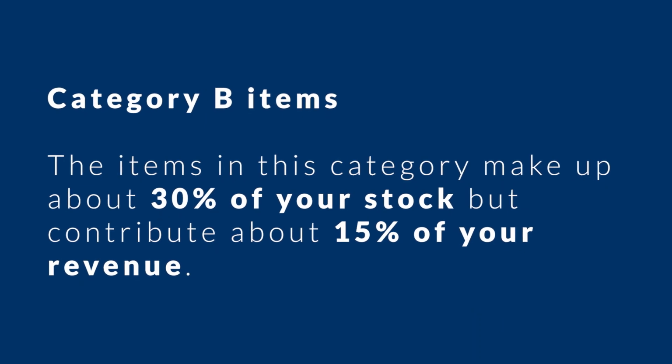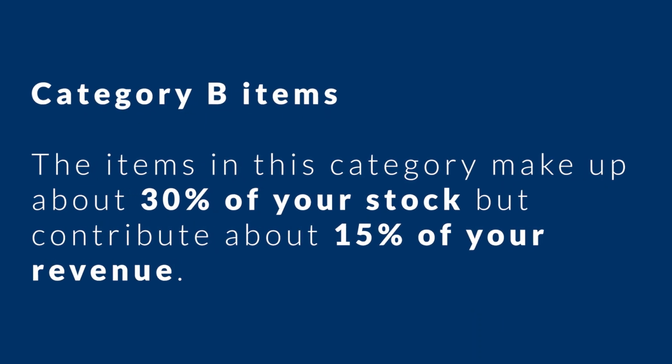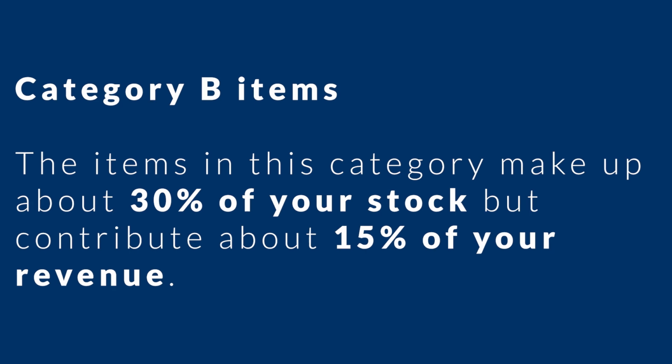So let's move on to category B. The items in this category make up about 30% of your stock and contribute about 15% of your revenue. Think of it this way. Remember, 20% of the stock, the items under category A, contributed 80% of the revenue.